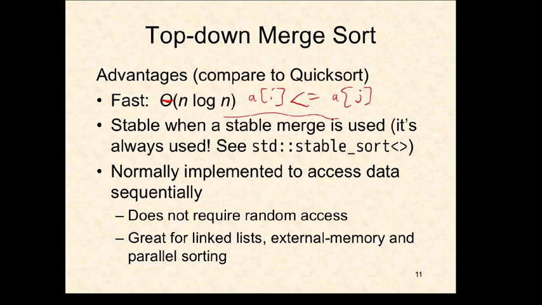Actually, the STL has standard stable sort. Standard stable sort uses a merge sort. Now, normally, like we said, the merge sort is implemented to access data sequentially. It doesn't require random access. We wrote it so that it does. But you could rewrite this to work with linked lists.